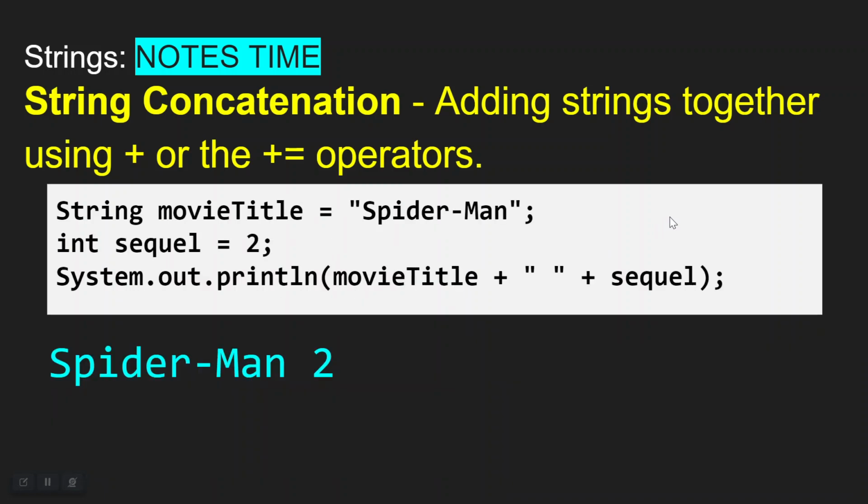Okay. So let's see, string concatenation, a little bit more. Again, how do we add strings together? So this is important to note. String movie title equals the string literal Spider-Man, and then int sequel equals 2. And if we print movie title plus a space and then plus the variable sequel, that's going to concatenate that integer to the title, and you'll get the output that you see down here.